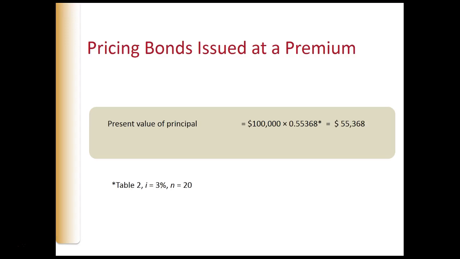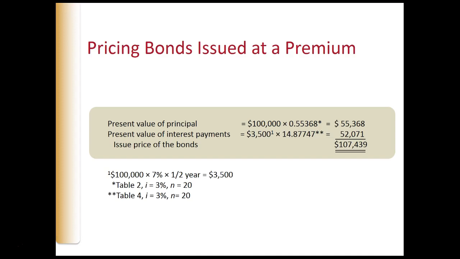And this slide calculates the price of the bonds using the present value tables in the back of the book. Again, same concepts. For the principal amount, you're going to use a single value, single payment. And for the interest portion, you're going to use the annuity tables for the present value.